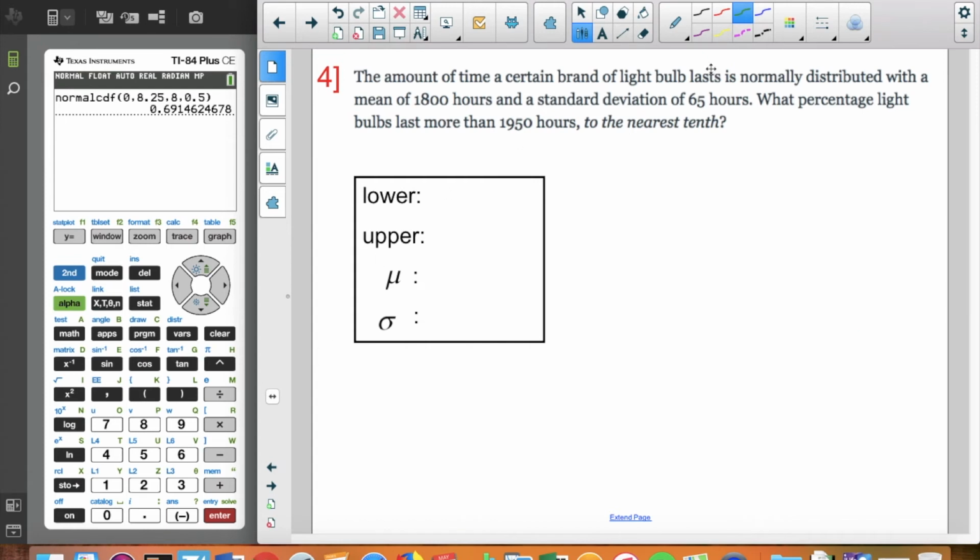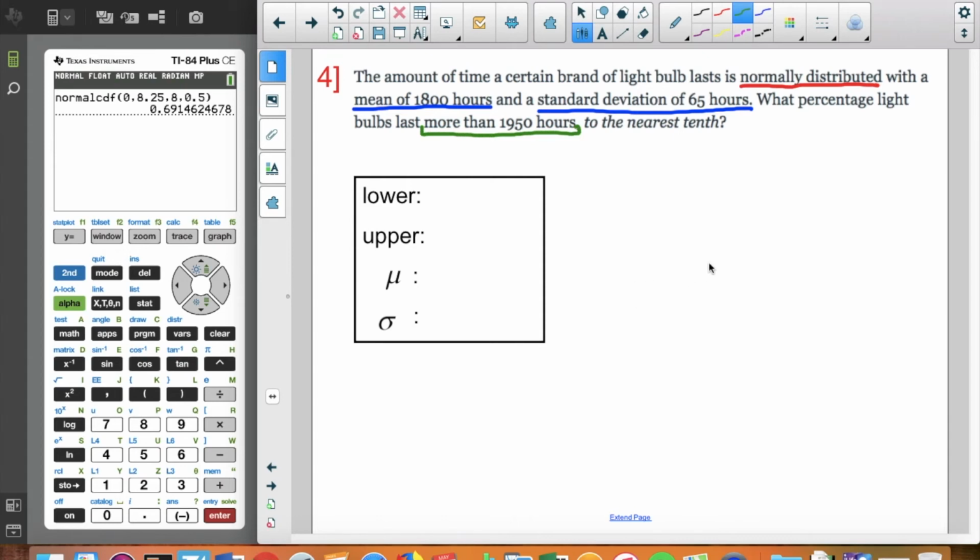Okay, so let's look here. The amount of time a certain brand of light bulb lasts is normally distributed, very, very important, with a mean of 1,800 hours and a standard deviation of 65 hours. What percent of light bulbs last more than 1950 hours?